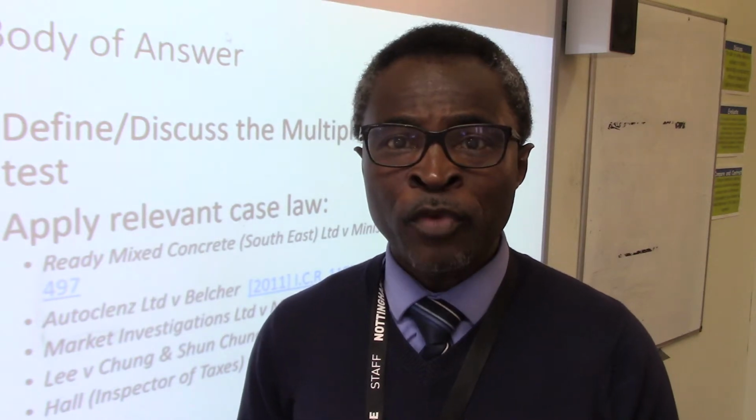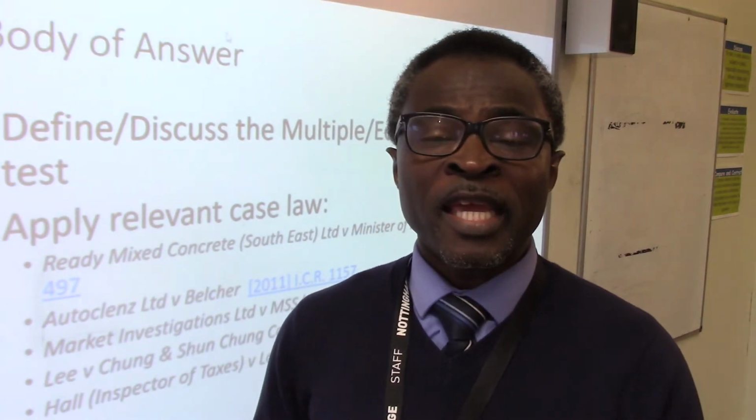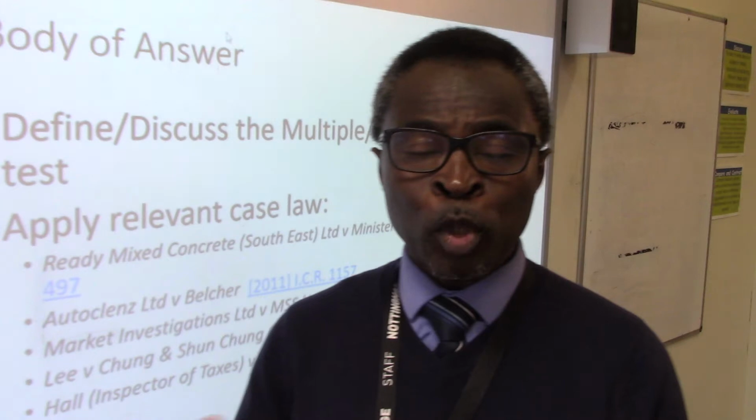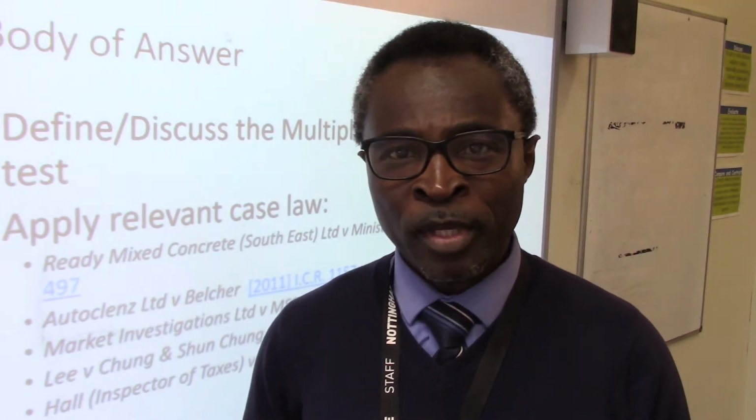The second point he raised to establish a worker as an employed person is the fact that if the employer exercises control over the worker, then generally speaking, that person is classed as an employed person.